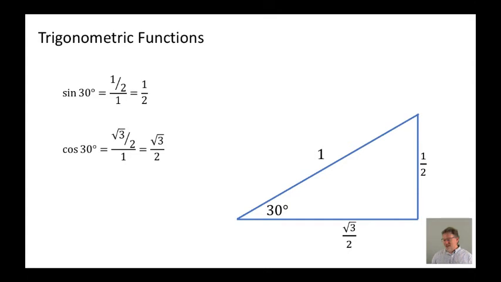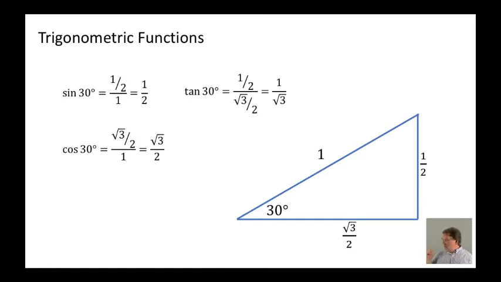In addition to that, what do you think the tangent is going to be? Well, that's opposite over adjacent. Which one's the opposite side? Well, it's the 1/2. And what's the adjacent side? Well, it's going to be square root of 3 over 2. Okay, so what's 1/2 divided by square root of 3 over 2? That's a little bit tough to do, but if we take that ratio, multiply the top and bottom by 2, that's going to cancel out that 1/2 on top.